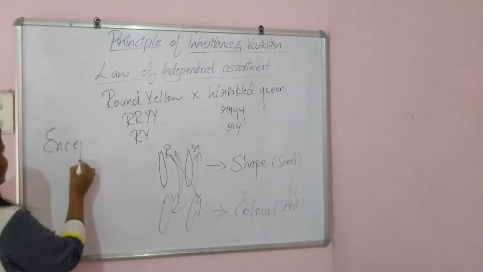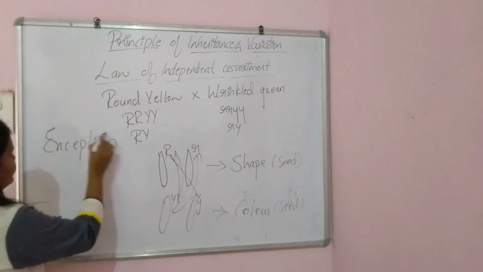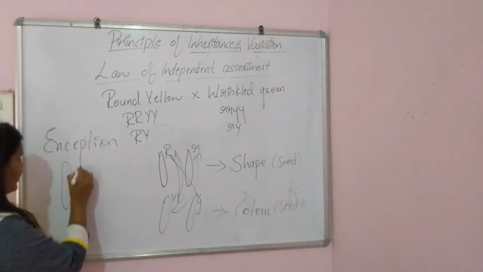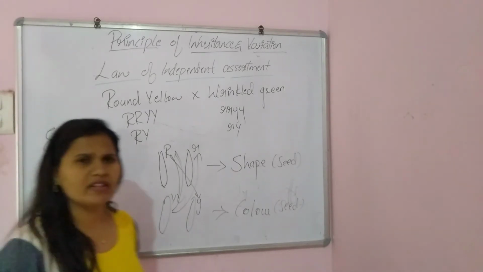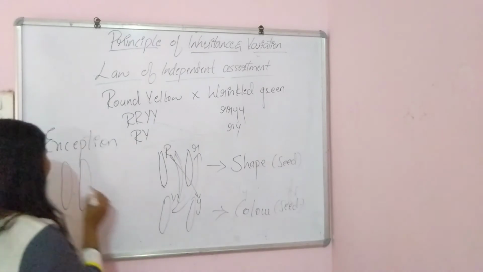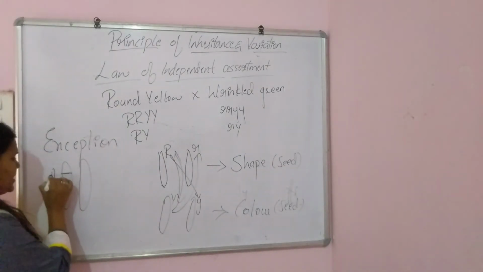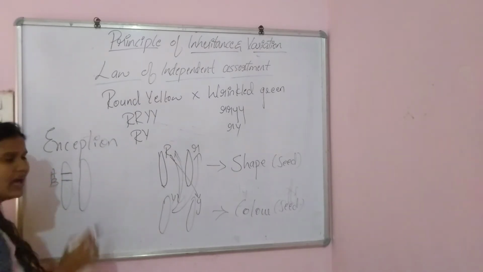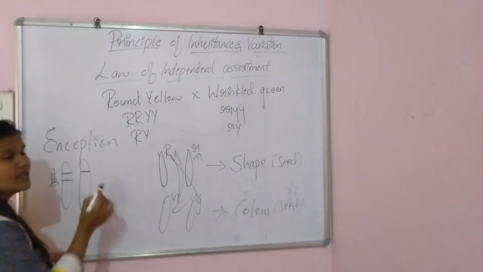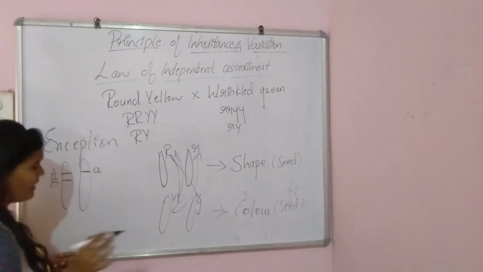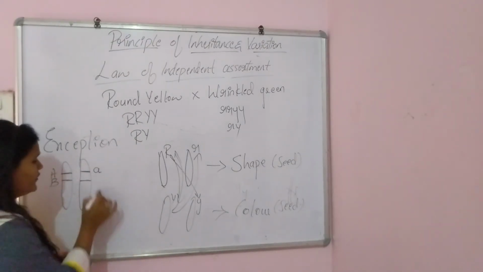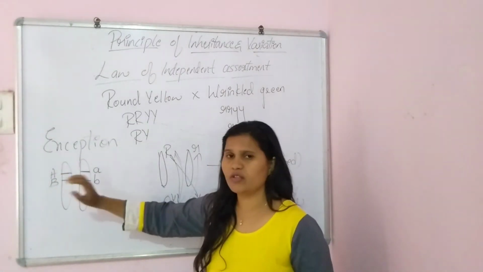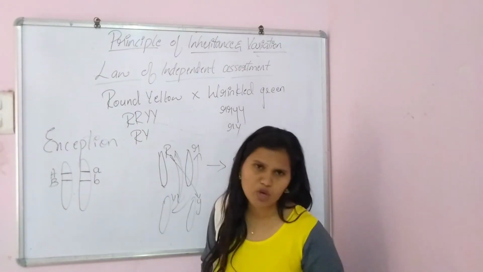What exception is it? See, if this is a chromosome and here also a chromosome, we will have homologous chromosomes, right? So here is the presence of a gene capital A, and below that capital B, and on this chromosome the presence of small a, and below that small b. So these are the genes present on these two homologous chromosomes.